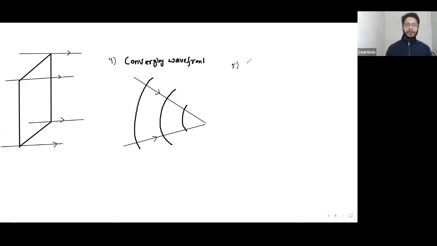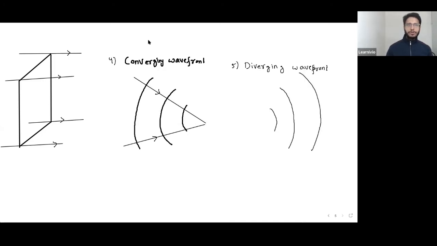The last type of wavefront is the diverging wavefront. This is how we draw a diverging wavefront.